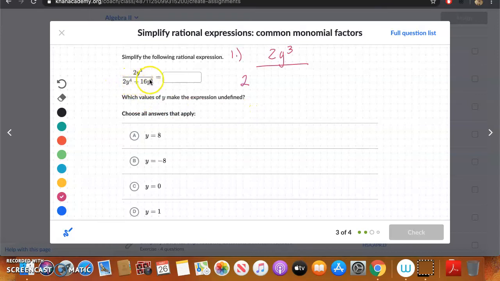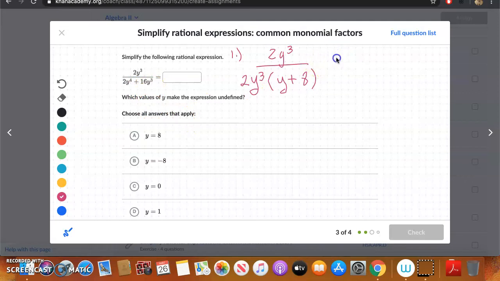And then we have y to the fourth, y cubed. So the most number of y's we can take is 3 because this back term only has 3. Front term has 4. And then what's left? We're going to have y plus 8, correct? Like that. Okay, if you're not sure, just multiply. Distribute this and you should get the original back.